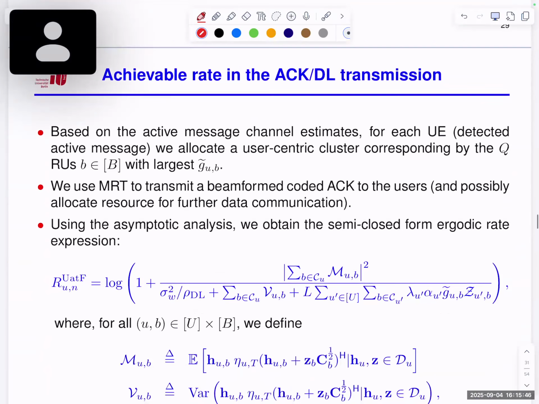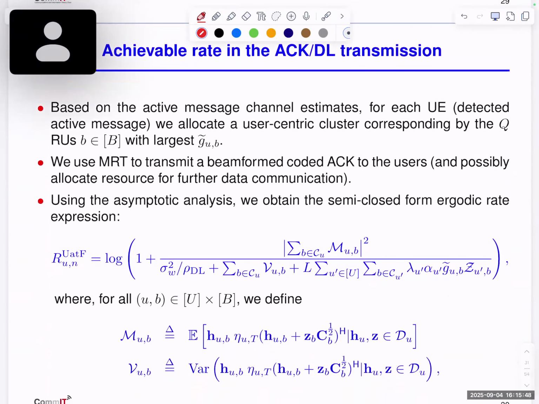Okay, so another advantage is that, again, thanks to this characterization, we can also write down the mean square estimation error of the channels. So basically, you can say, let's condition on the users that are active and are detected as active. Why do we condition on that? Because these are the only interesting cases.